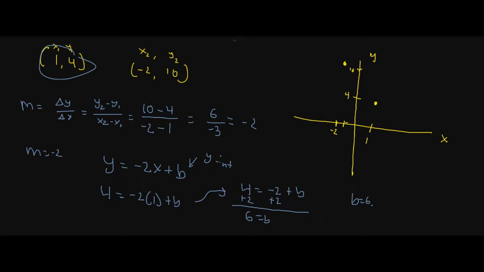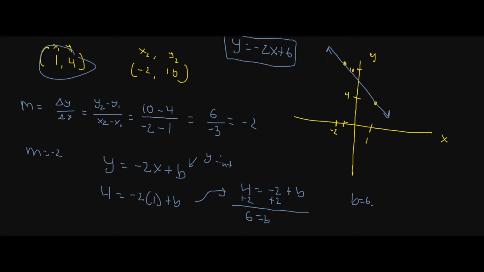So our equation is going to be y equals -2x plus 6. Look, it turned out to be a pretty nice equation, and we get something that looks like this. Our slope is going to be 1 over 2, 1 over 2, 1 over 2, until we get to that point there, and that's exactly what we're doing.